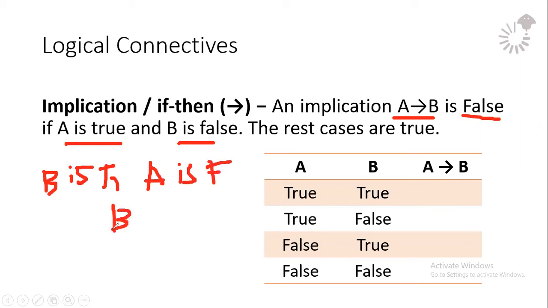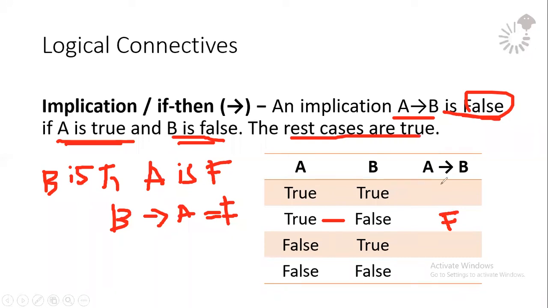So B implies A, this is false. So what is the technique? When the first statement is true and the second statement is false, that is false. Find the combination of true, false. True, false is false, and the rest are true. So true, true, true. That is for implication. Implication is false only when the combination is strictly true, false. Okay?